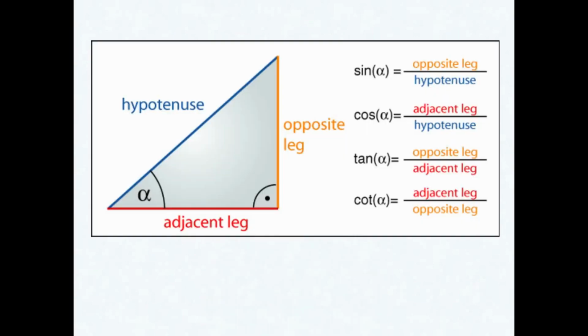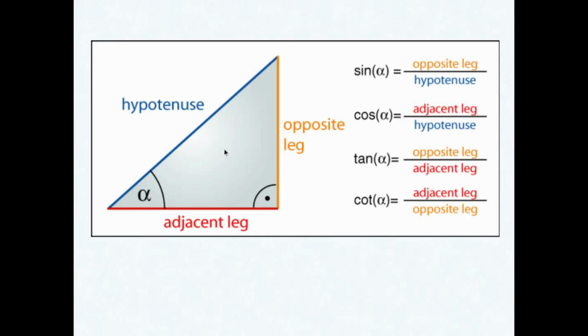So to review, make sure you identify where the 90 degrees is located. Then identify which angle you are working with. So in this case, this is our main angle. In reference to this angle, obviously the side across from 90 degrees is our hypotenuse.